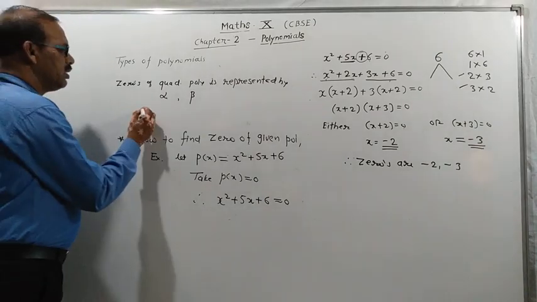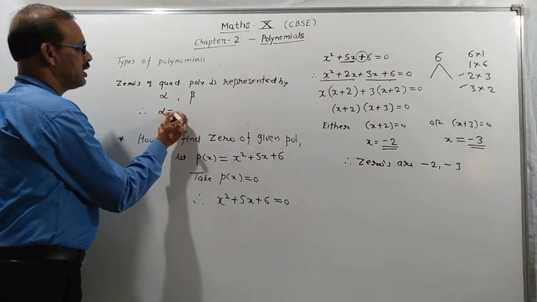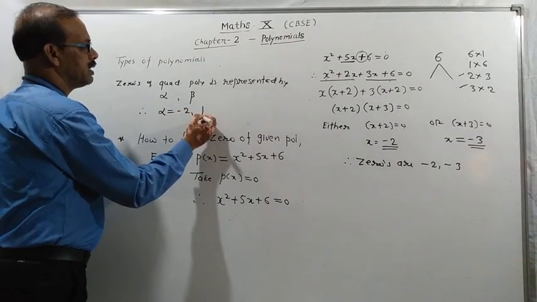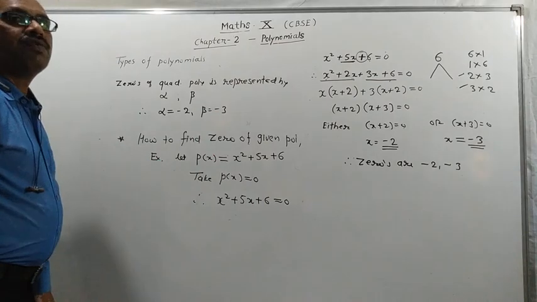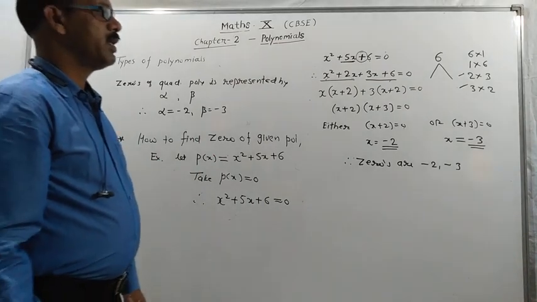So we write the value of alpha as minus 2 and beta as minus 3. This is the representation of the zeros of the polynomial.